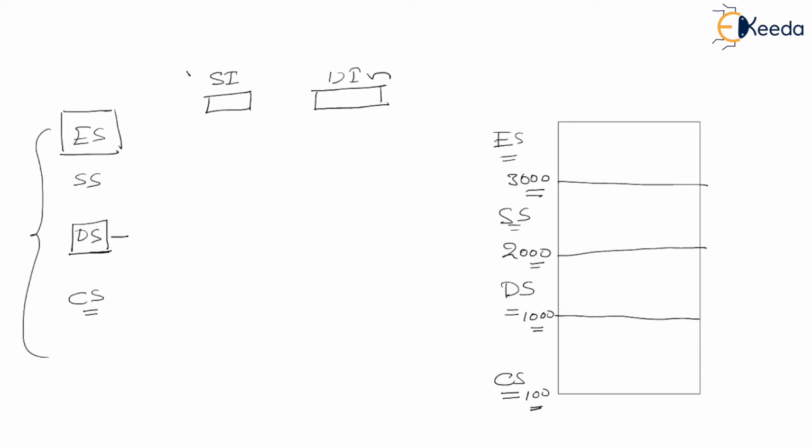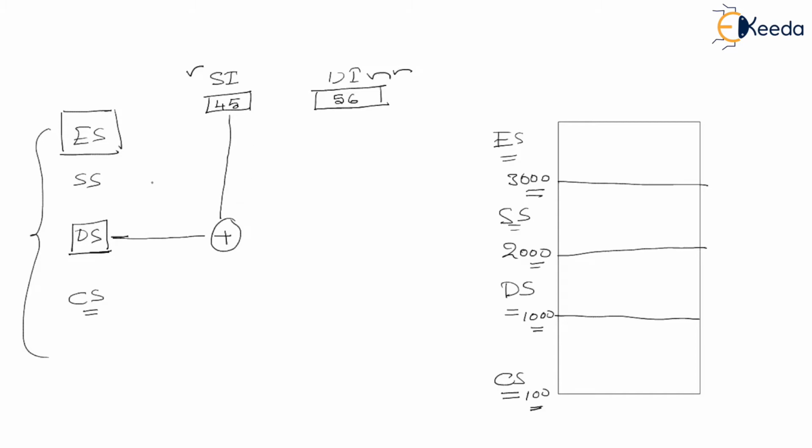When it comes to the SI and DI registers, they hold the offsets of the source operand and destination operand. Let us say the source operand offset is 45 and the destination operand offset is 56. Now, in order to calculate the exact addresses in which the source operand and the destination operand are available, we will add the source index register value to the DS register.